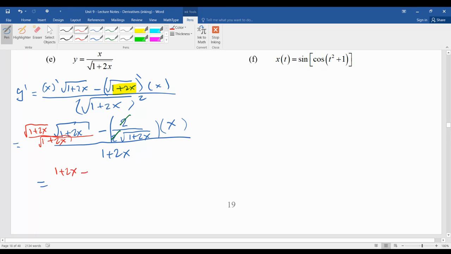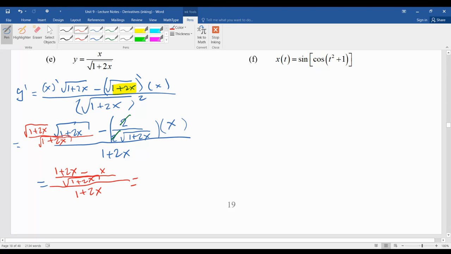Minus 1 times x, because these two crossed out with these two. So what's left on top is 1 times x. So minus x. All divided by the square root of 1 plus 2x. And this entire function is divided by 1 plus 2x. Now what we're going to do is simplify and multiply by the reciprocal.